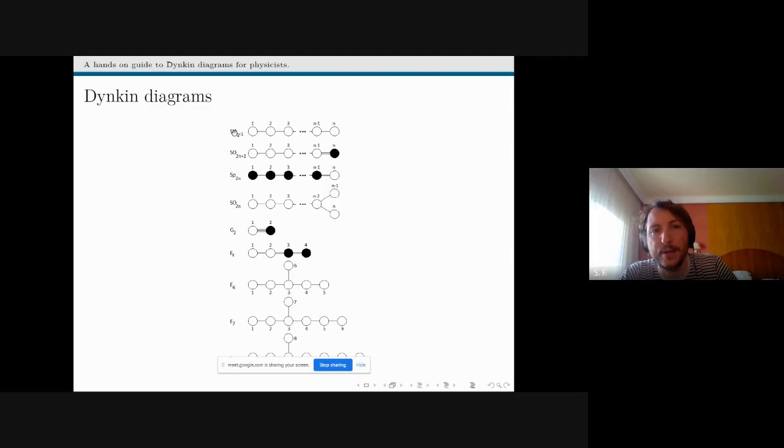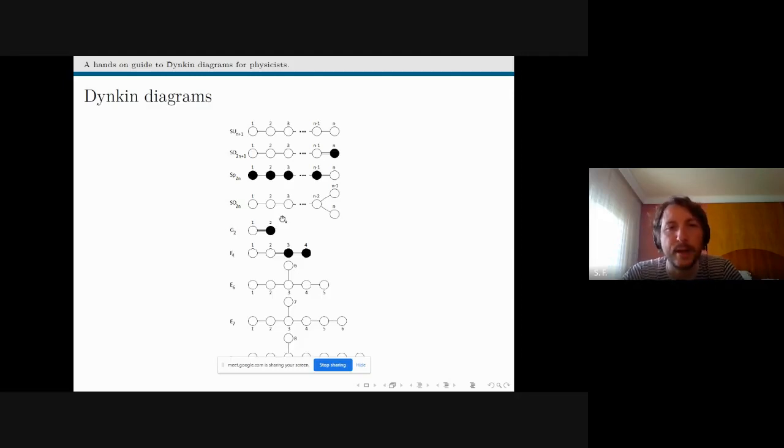The special unitary groups have the following Dynkin diagrams. The special orthogonal groups with odd n take the following form. Symplectic groups have the following corresponding Dynkin diagrams. The even special orthogonal groups take the following form, and then you have your 5 exceptional cases.